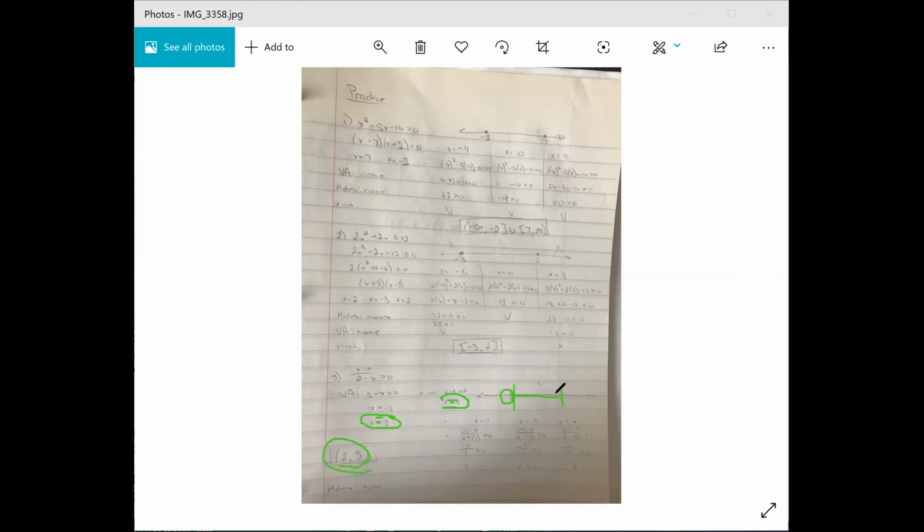And the x-intercept is not included because it has to be strictly greater than 0. Remember that in the beginning I explained how if it is strictly greater than 0, it's not including 0, so it's not including this point. If it's not including this point, then you need to put parentheses. So that is good.